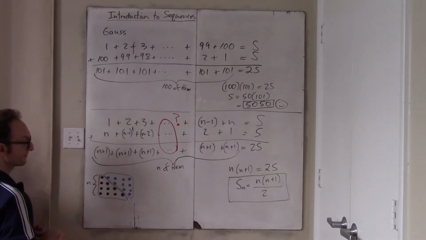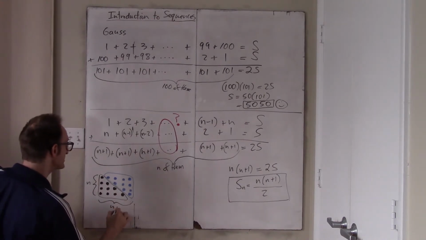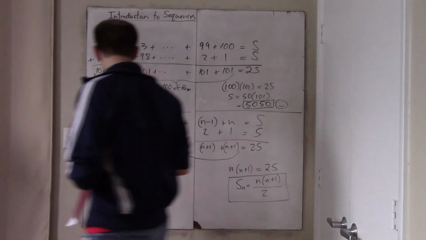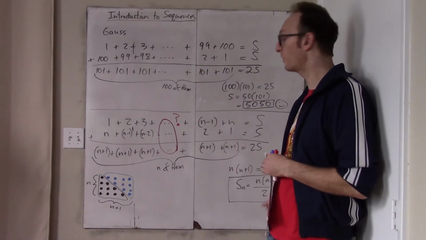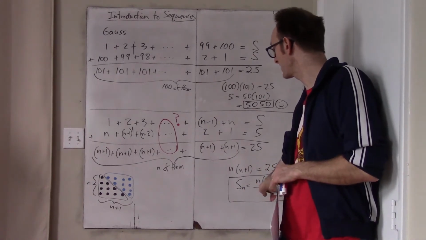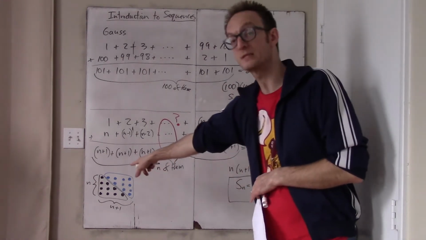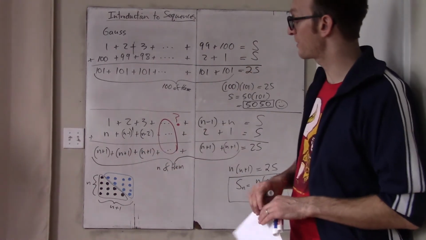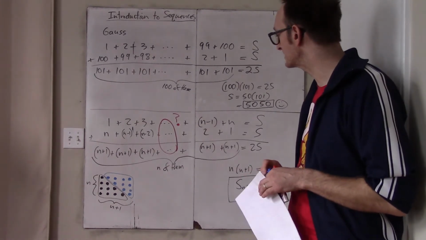Based on the way I've put them together, what is formed is a rectangle. So this is the visual proof of this exact same fact: if you want the sum of the numbers from 1 to 4, construct the rectangle whose dimensions are n by n plus 1, and then divide by 2, because what we want is half of that rectangle. Okay, so that's kind of nice.